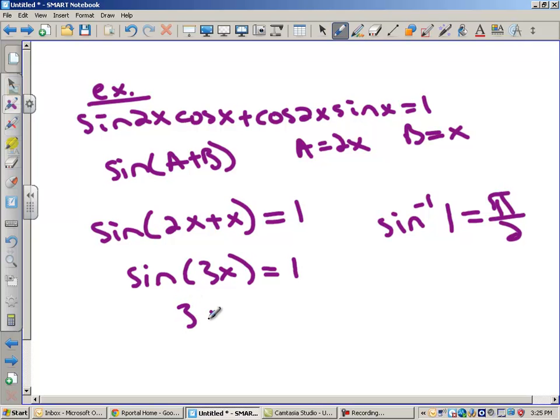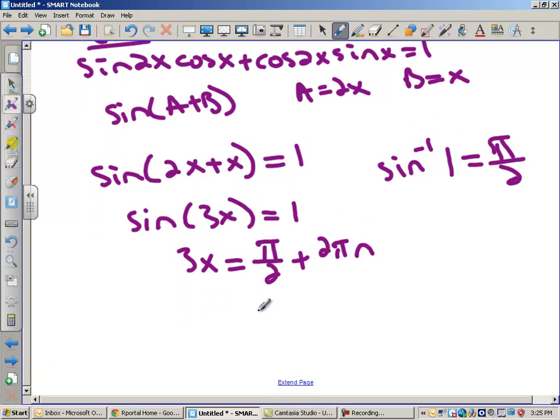So we're going to say 3x is equal to pi over 2 plus 2 pi n. All right, so what we're going to do last is divide through by 3, and we'll get that x equals pi over 6 plus 2 pi over 3 n.